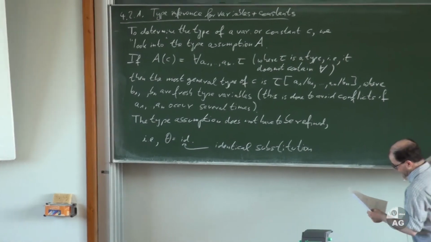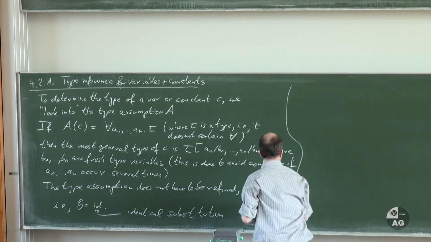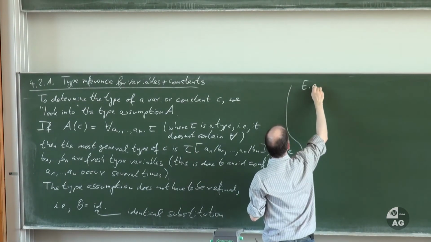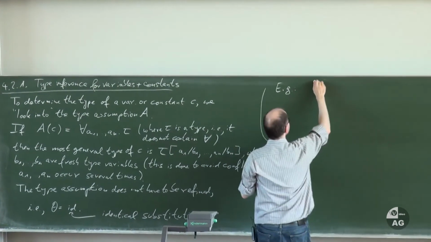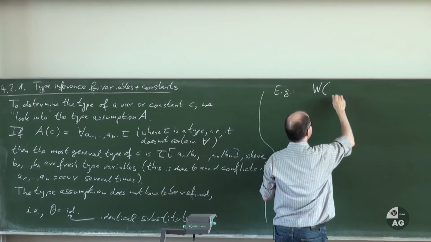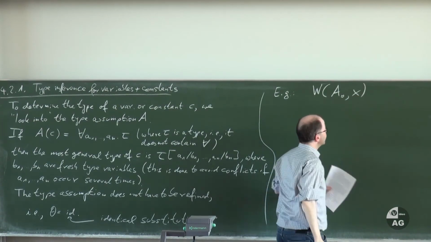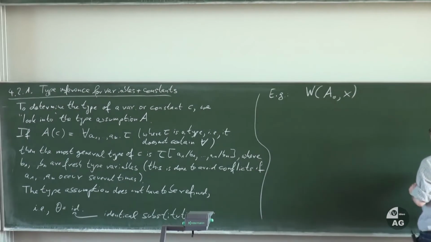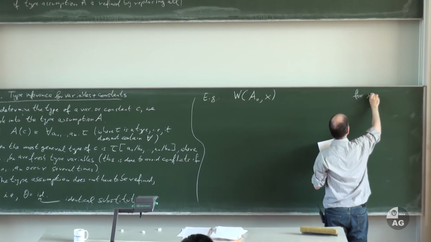So how would that work in examples? What would the W algorithm give us if we start with the initial type assumption and we want to know what is the type of X? And X is a variable.